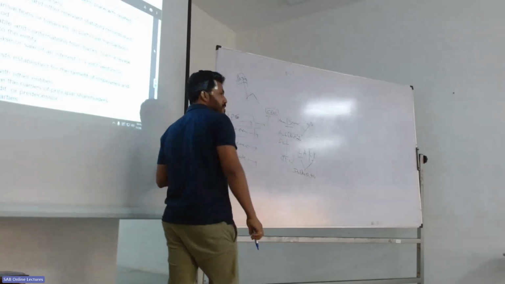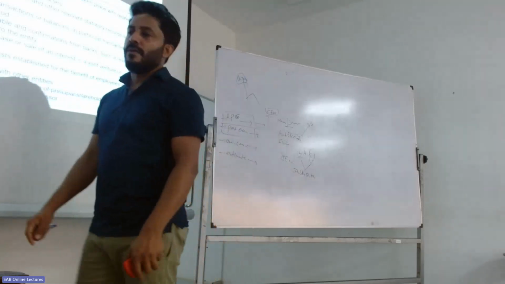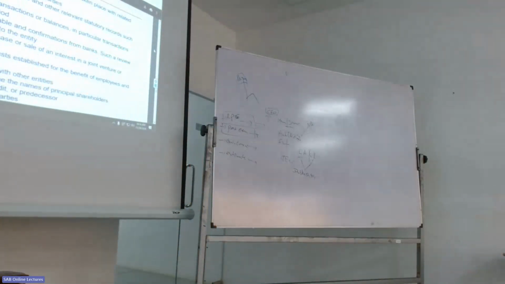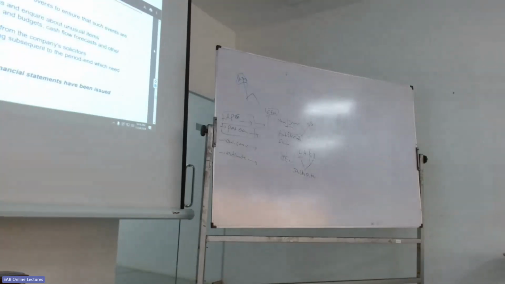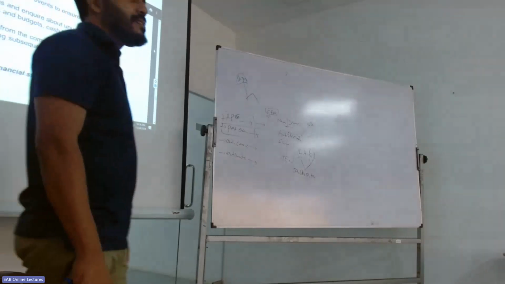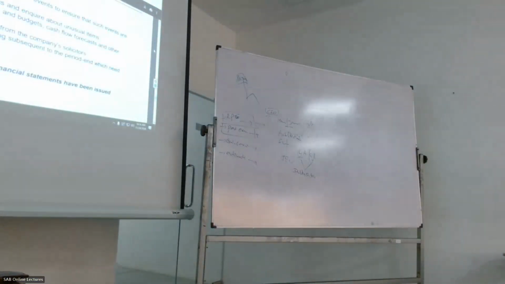Now we are coming to post balance sheet disclosure. What you can do is inquire and check subsequent entries, subsequent business changes, subsequent board meetings, and have discussions with legal parties and regulatory discussions.